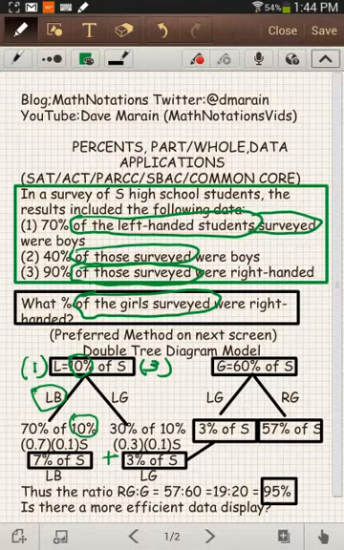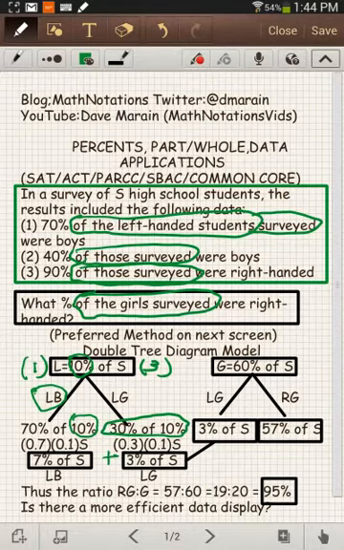So the right branch, left-handed girls, they would represent 30% of the left-handers who were surveyed. And again, how do we know that? Well, 70% were boys, so the remaining 30% of this group, lefties surveyed, were girls. So the left-handed girls represent 30% of the 10%.